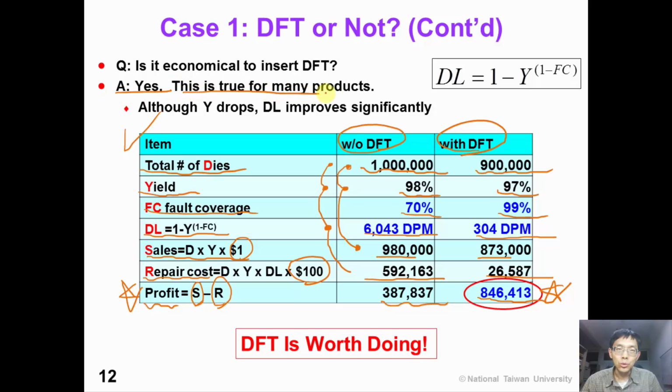It is true for many products that DFT is worth doing. This is because of the Brown and Williams model. Although the yield drops a little bit, the defect level improves significantly with DFT. So DFT is generally worth doing for many different products.